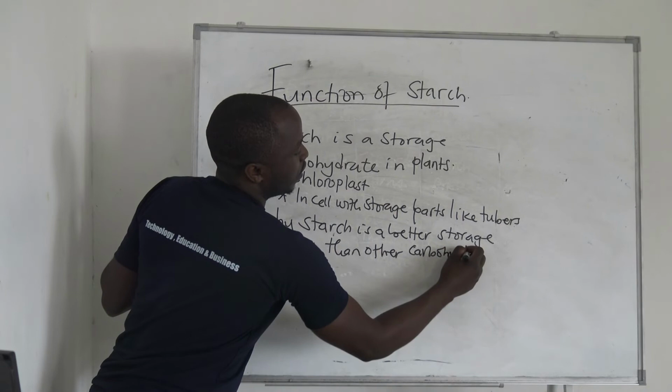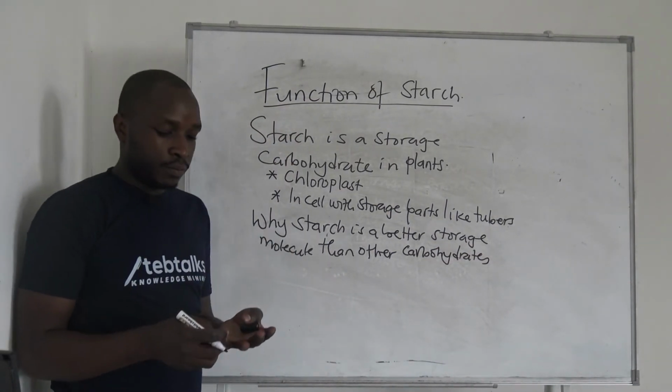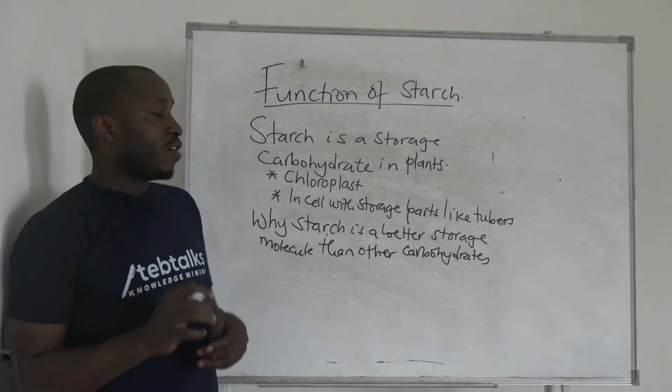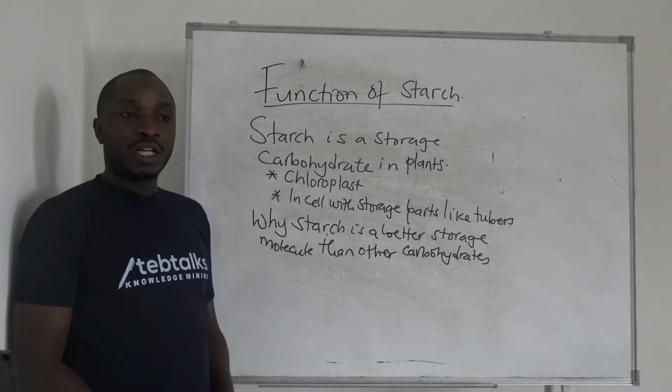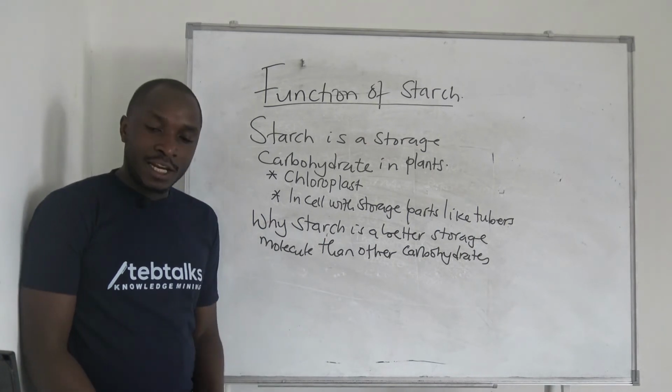Because we have very many carbohydrates, as we have so far seen: glucose, sucrose, maltose, and all those monosaccharides we looked at. Why is starch a better storage molecule than them?